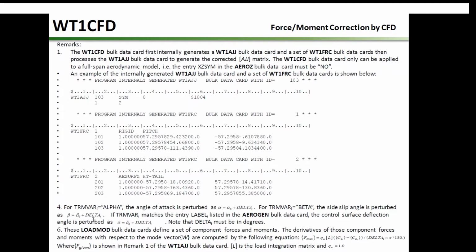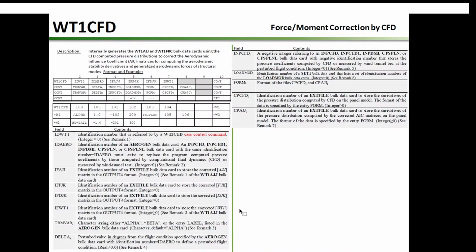And so delta is the perturbed one. Say I perturb, if the AIC is 1 degree and I have a delta equal to 1 degree, so I have 2 degree angle of attack, and those CFD computed CP at 2 degree angle of attack is imported using this entry.